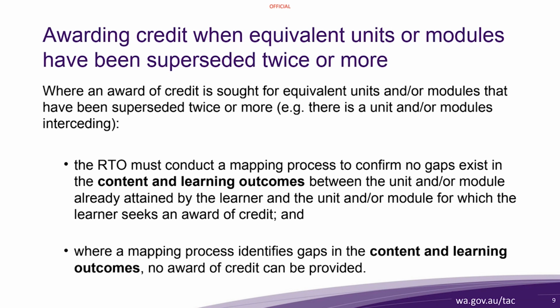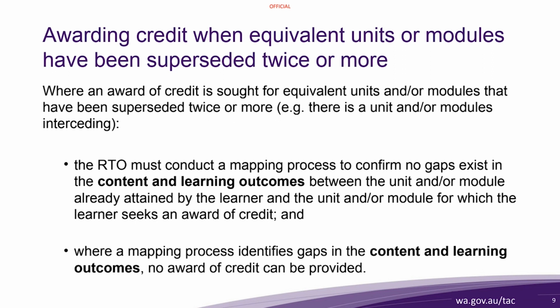So fundamentally, the rule being applied is that where a unit of competency is superseded twice or more, you must conduct a mapping process to confirm no gaps exist in the content and learning outcomes between the unit and/or module already attained by the learner and the unit and/or module for which the learner seeks an award of credit.